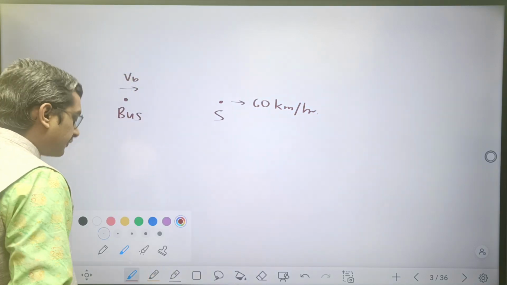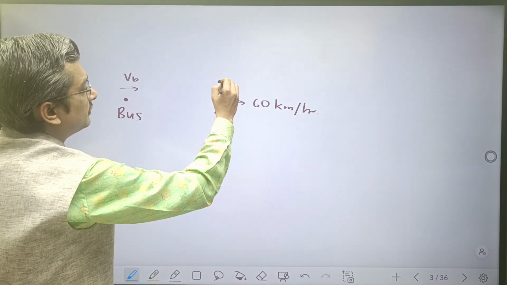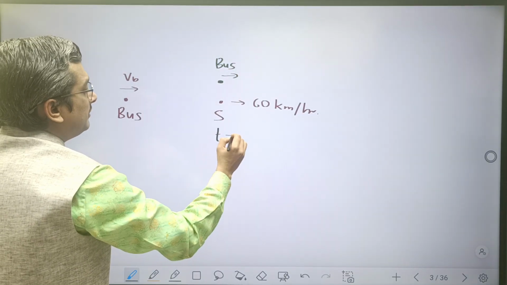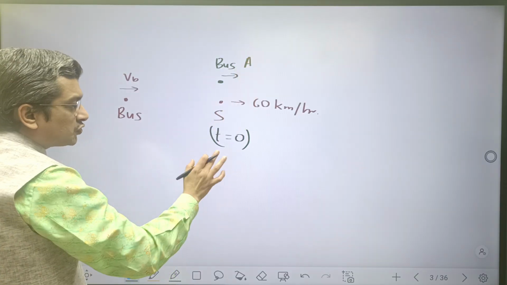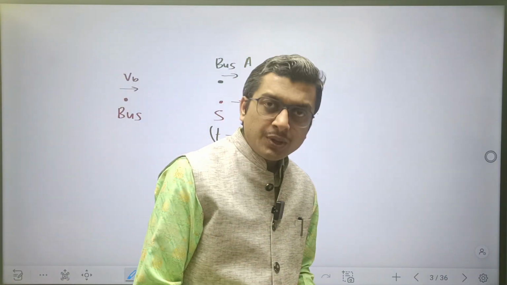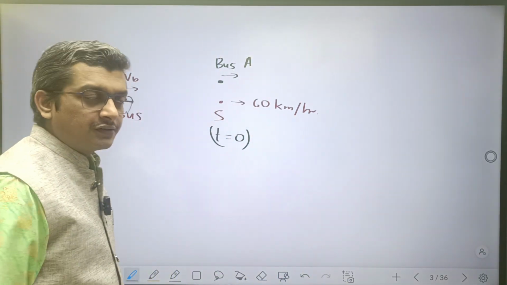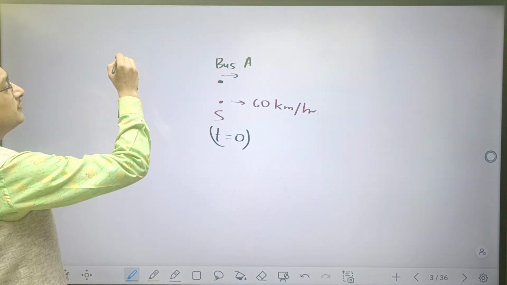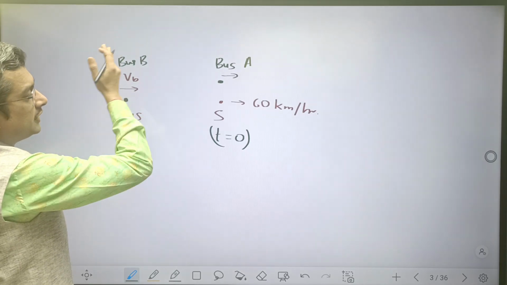Let us suppose there is another bus here, and at time t equal to 0, this bus A just overtakes the scooty S. At time t equal to 0, the bus A just overtakes the scooty S. And the bus behind bus A, let us suppose this is bus B.